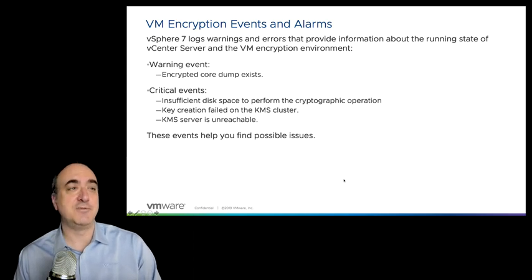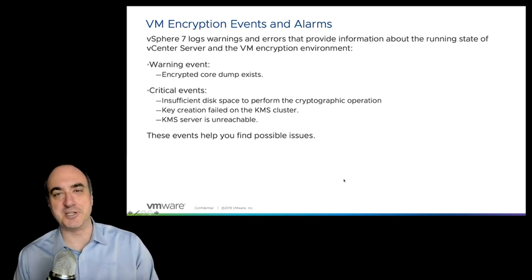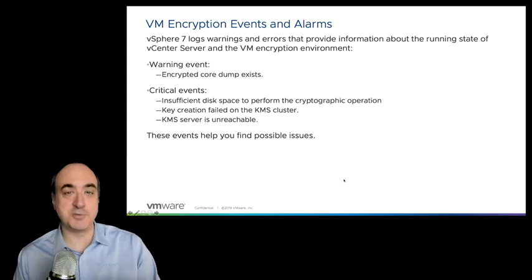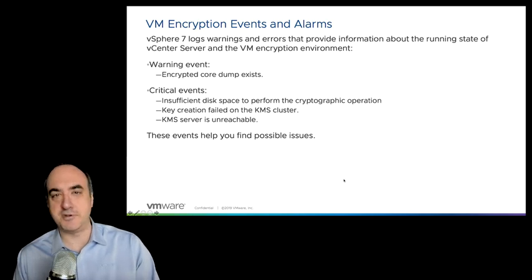vSphere 7 will log warnings and errors about VM encryption in quite detailed information, which is good because it helps us solve issues when troubleshooting. So, for instance, how do you know you have a core dump? Well, there's a warning that says, hey, you have an encrypted core dump. How do you know you have an issue trying to encrypt a VM because you don't have enough disk space?